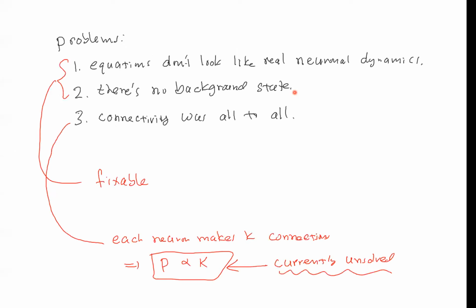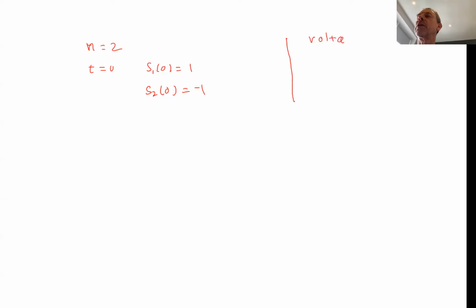Yeah, so let's say we only have 2 neurons. So N equals 2, and then at t equals 0, S1 of 0 equals 1, and S2 of 0 equals -1. Normally, for voltage, we had a differential equation.